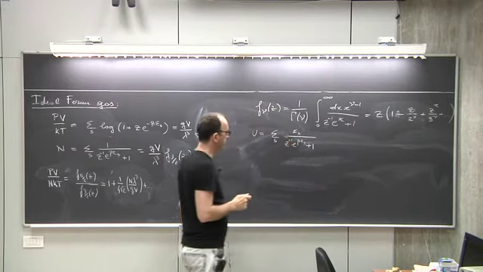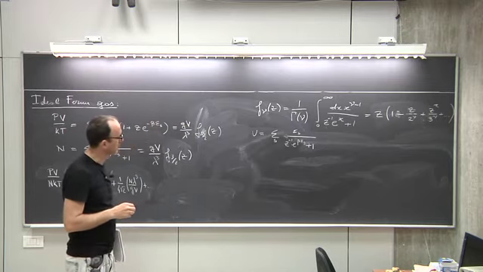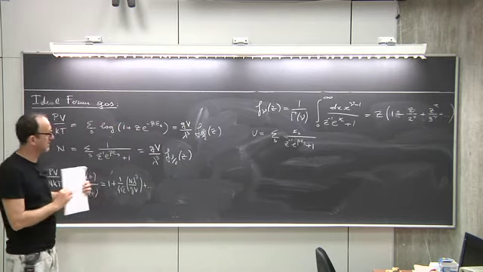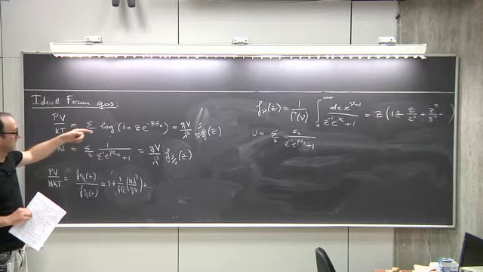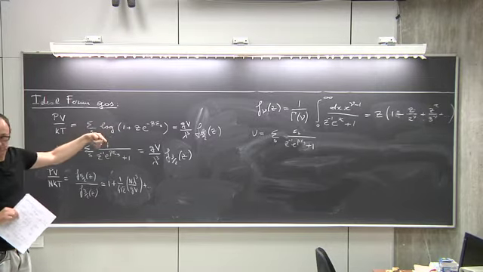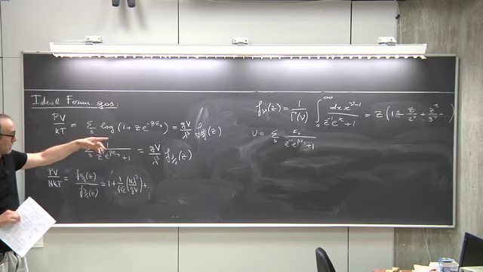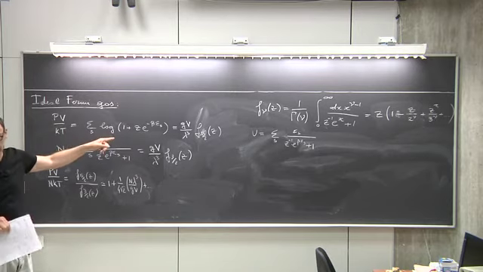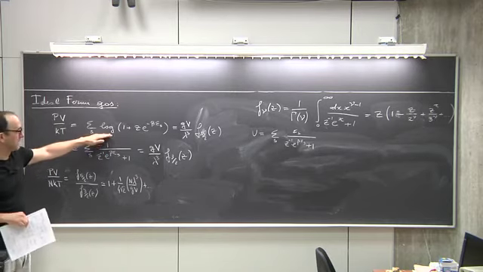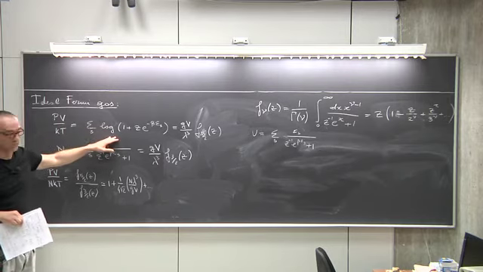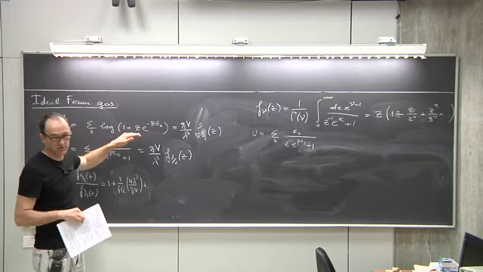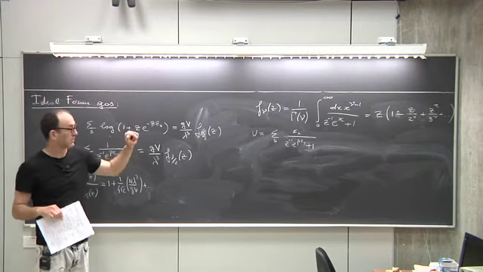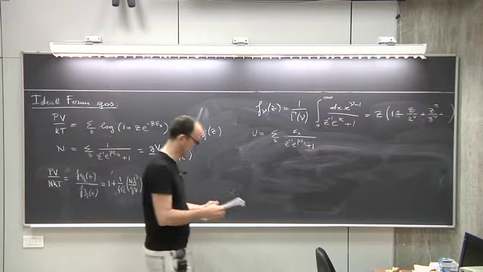And in the end, when you change the sum over the states into an integral over energy, it leads to the same integral as the one you have here. The only thing is that there is a factor 2/3 missing.